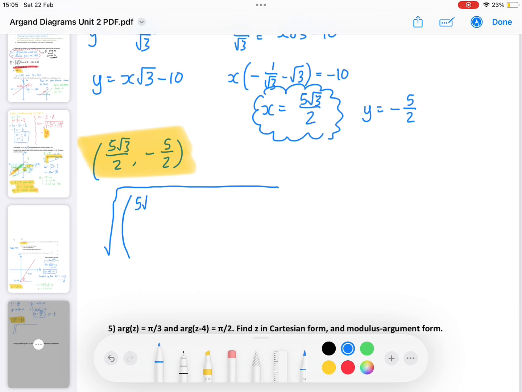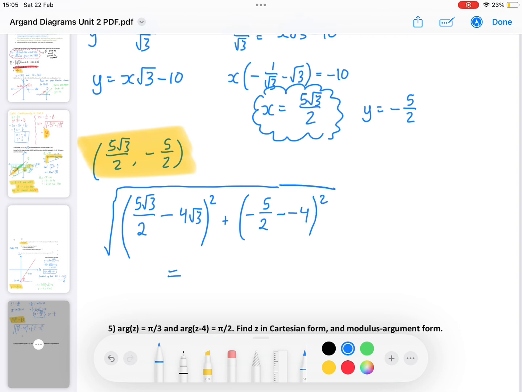So it's 5 root 3 over 2 minus 4 root 3 squared plus minus 5 over 2 minus 4 all squared.